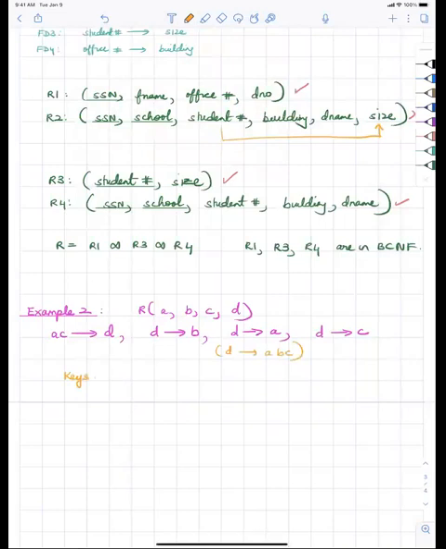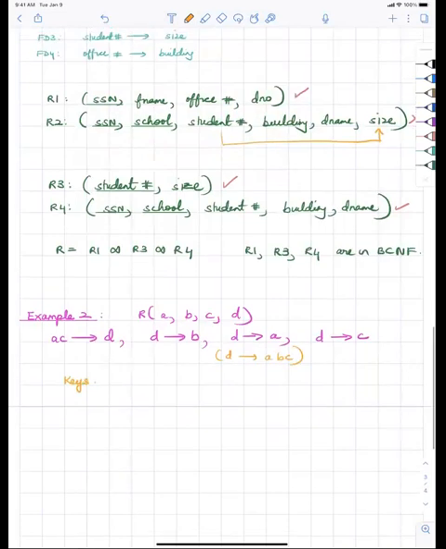So we have AC goes to D, and D goes to ABC. So AC is a key because if you do AC plus, you can get D and you can get B. So you can get everything.